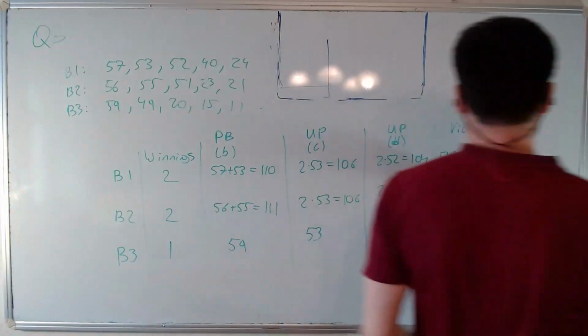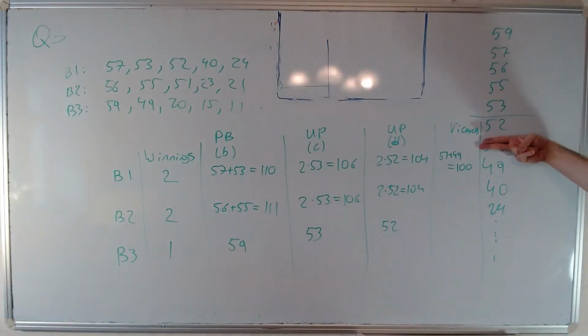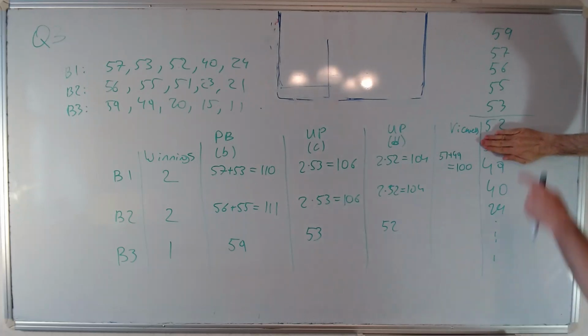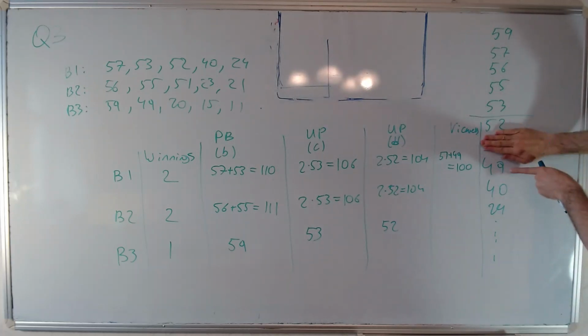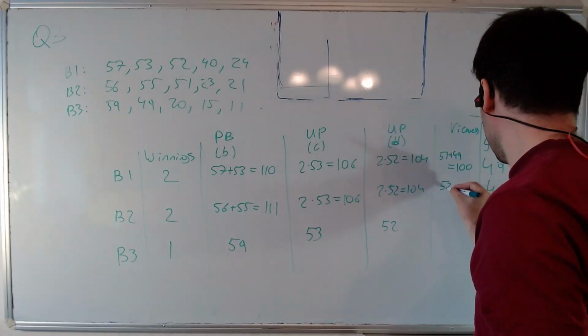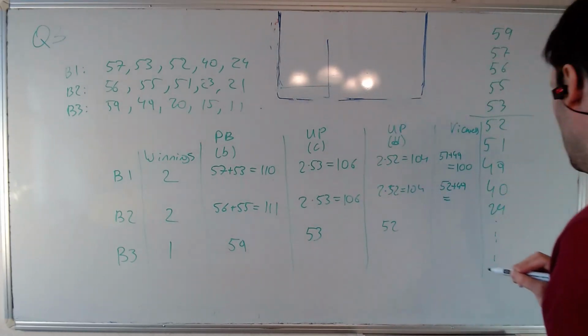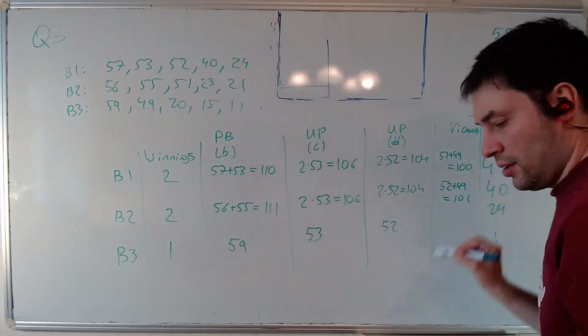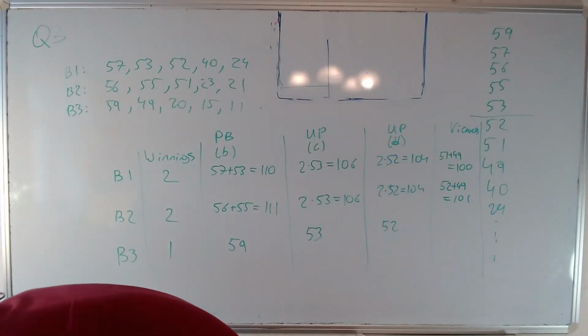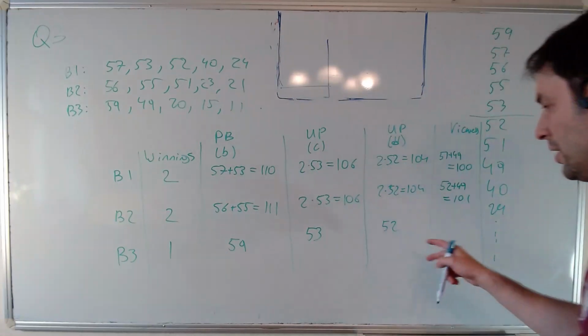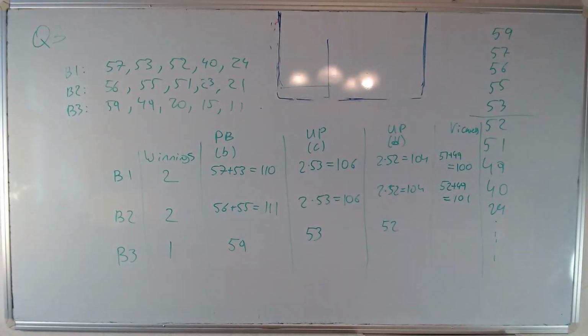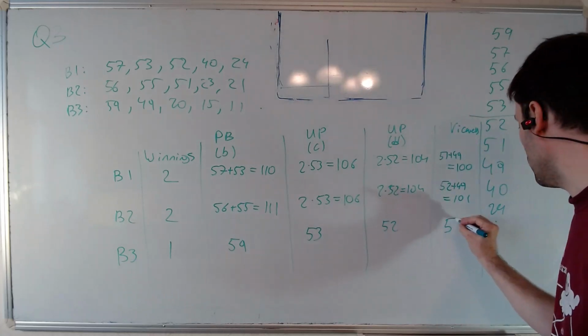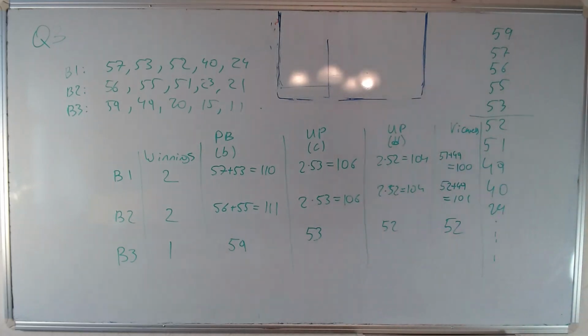So for 2 units you pay 52 plus 49, and that has to be 101. Let me make sure I get the calculations correct. And finally, for bidder 3, it has to be just one rejected bid which is not his own. Notice that 52 is not his, it's bidder 1's, so he has to pay 52. That will be his Vickrey price. Okay, so that's how it's done.